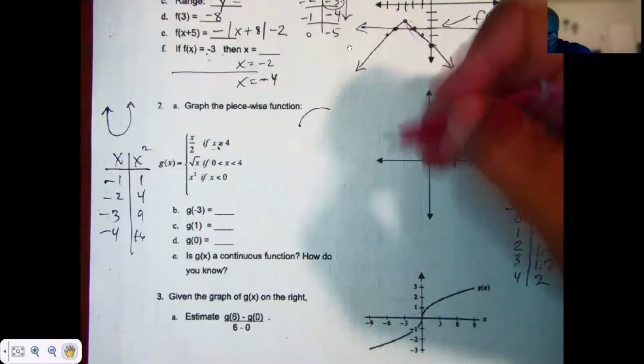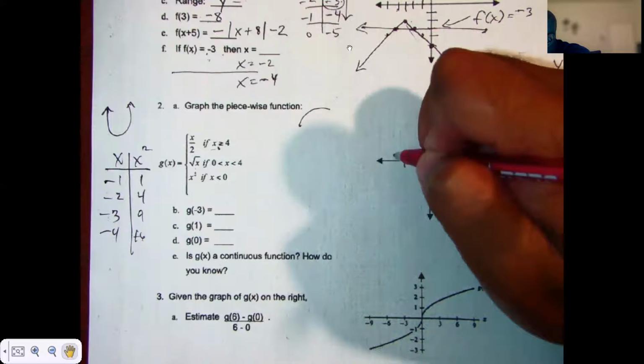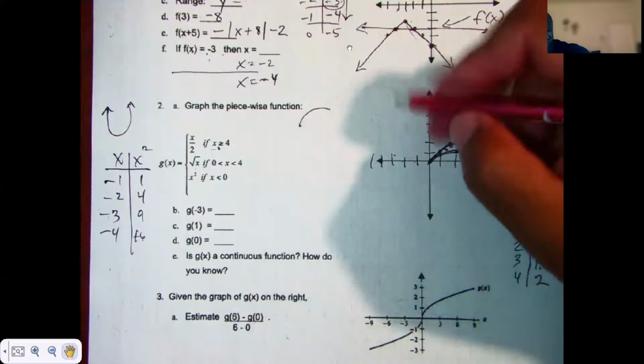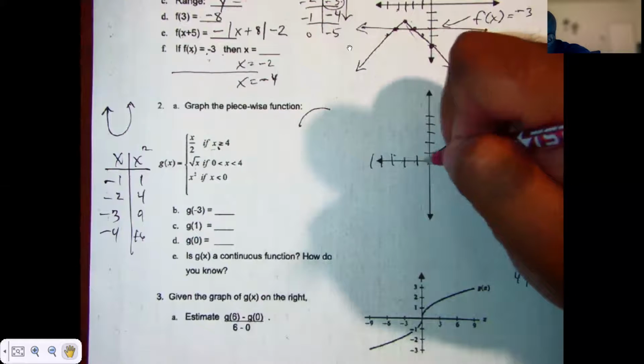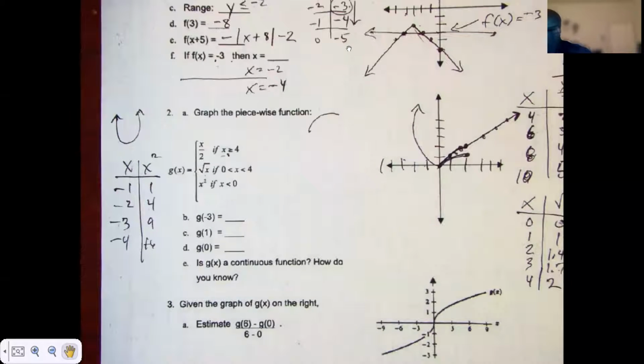So this is what we know. The graph does this, with x values 2, 4, -2, -4, -6, -8, -10. So it does something like this.